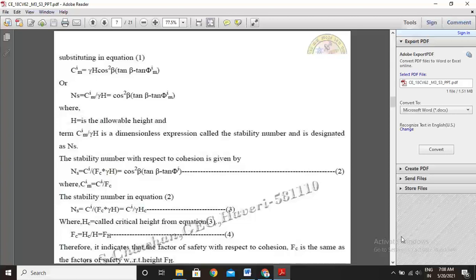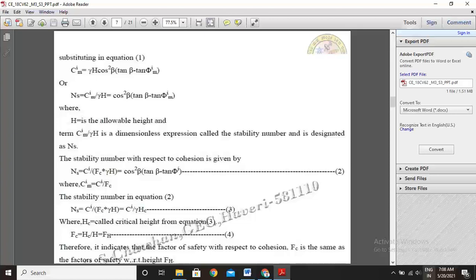So these are the explanations and equations used to calculate factor of safety by Taylor stability numbers. Here all of you remember how the equations are derived and how they are remembered.